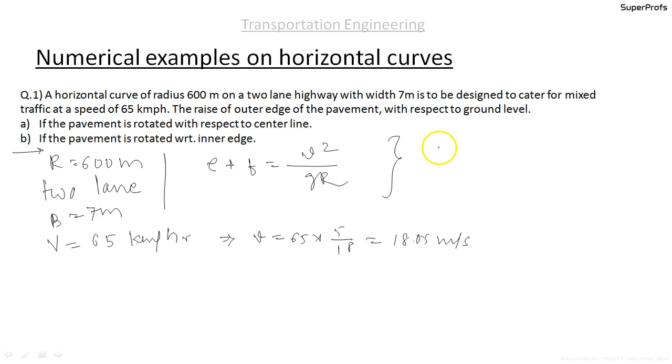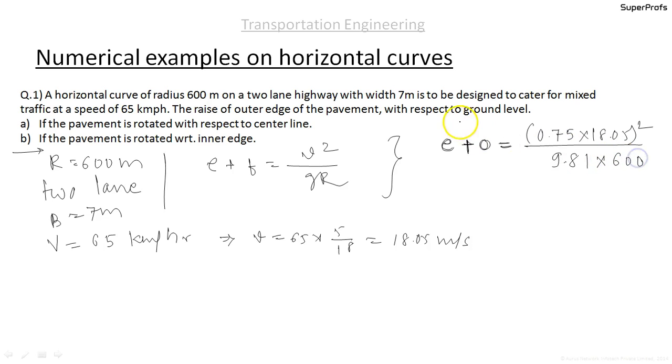In step 1, F is considered to be 0 because it is the step where we consider the equilibrium super elevation, and for mixed traffic condition, that is 0.75 into 18.05 square upon G, which is 9.81, into radius, which is 600 meters.